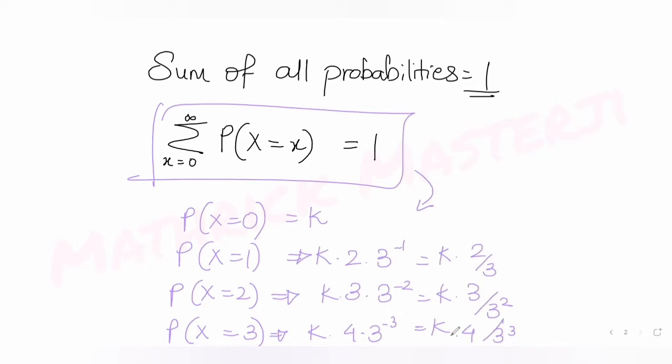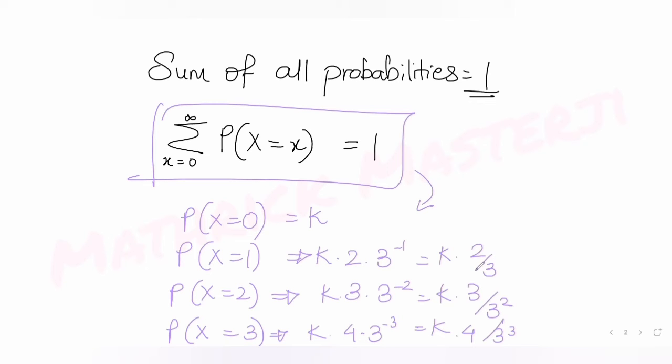So what I understand here is there is a pattern being developed. The number in the numerator is increasing by 1 every time, and in the denominator the power of 3 is increasing by 1 every time. Using the idea that the sum of all the probabilities is equal to 1, I can write k plus k into 2 over 3 plus k into 3 over 3 square, plus k into 4 over 3 cube, and so on till infinity, is equal to 1.